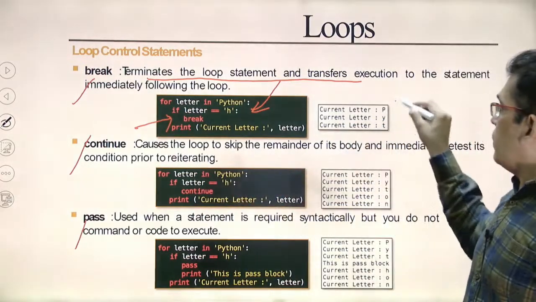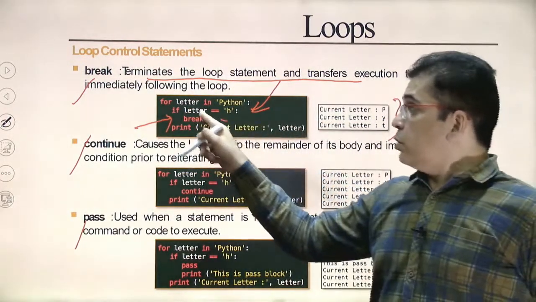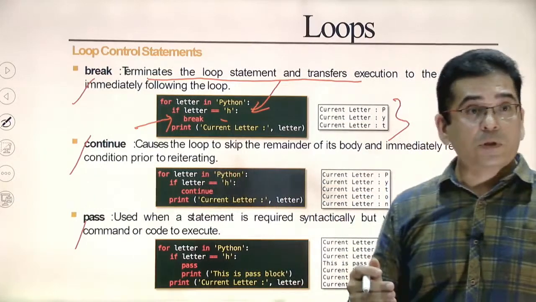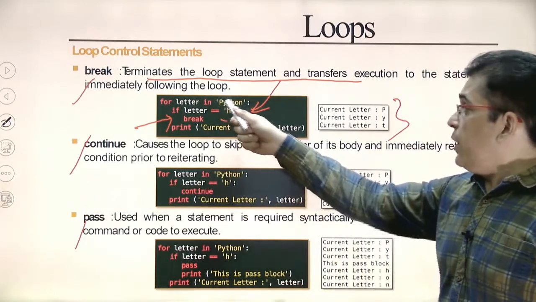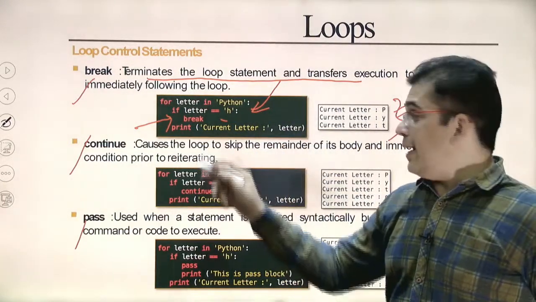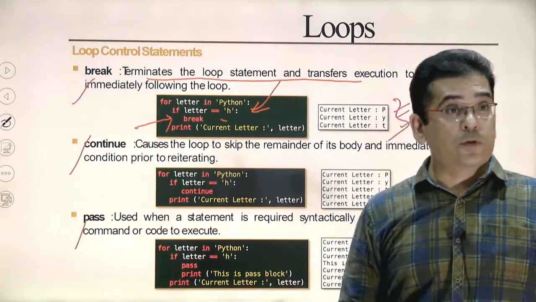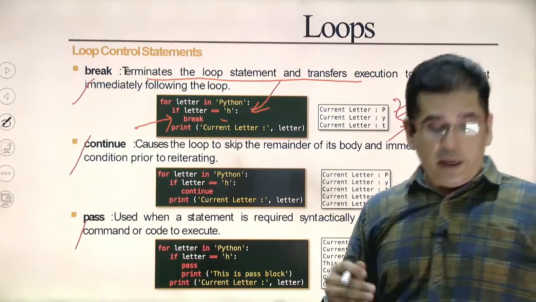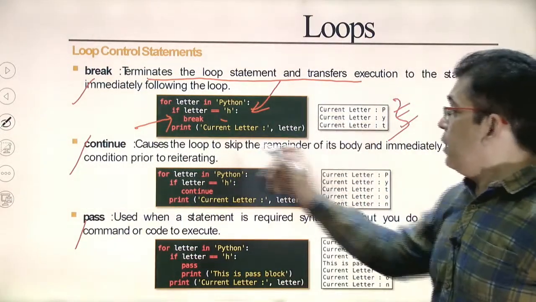So it will break at this position. When H comes, it breaks the execution of the for loop. HON will not be printed.